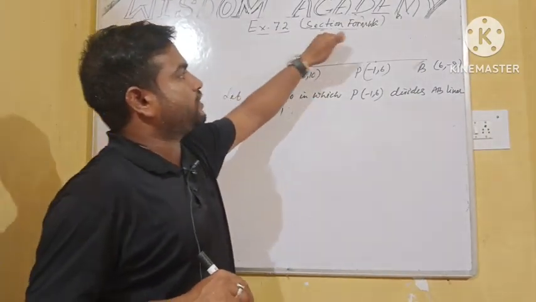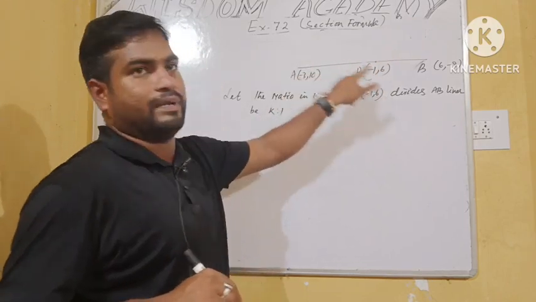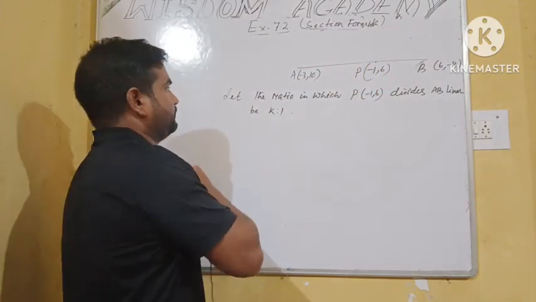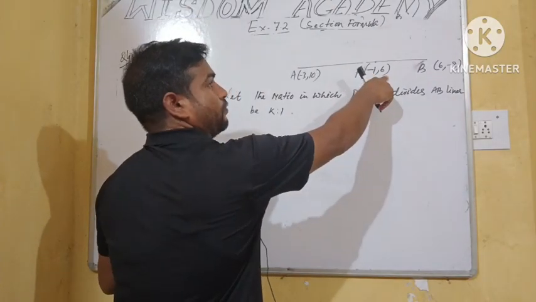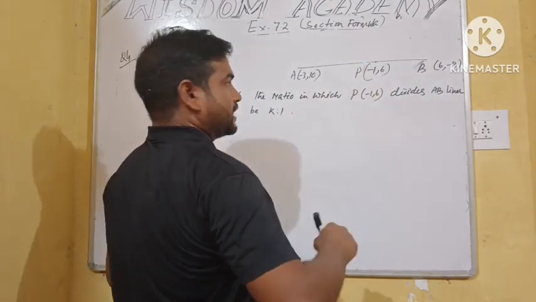In the ratio K:1, P divides the line segment AB. So this one is X and Y. Section formula.